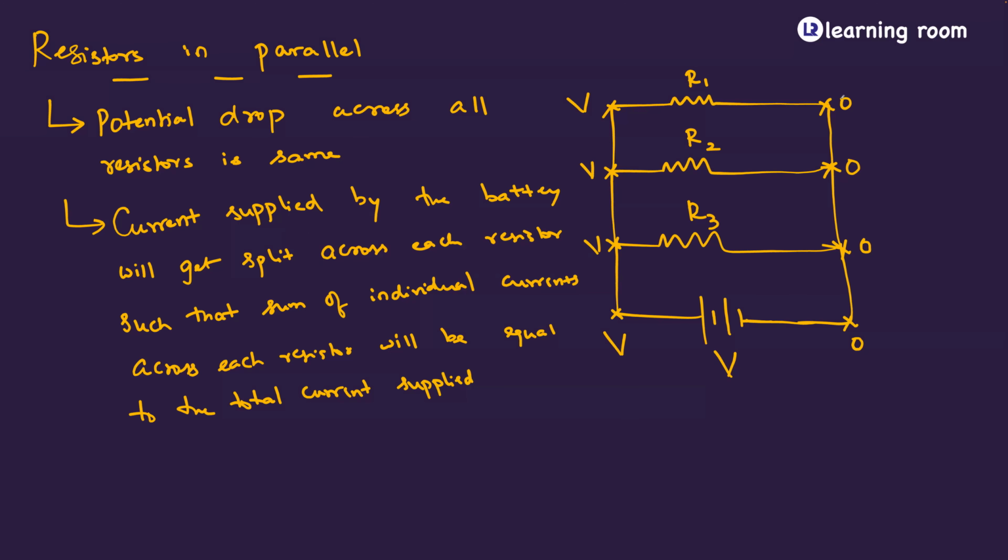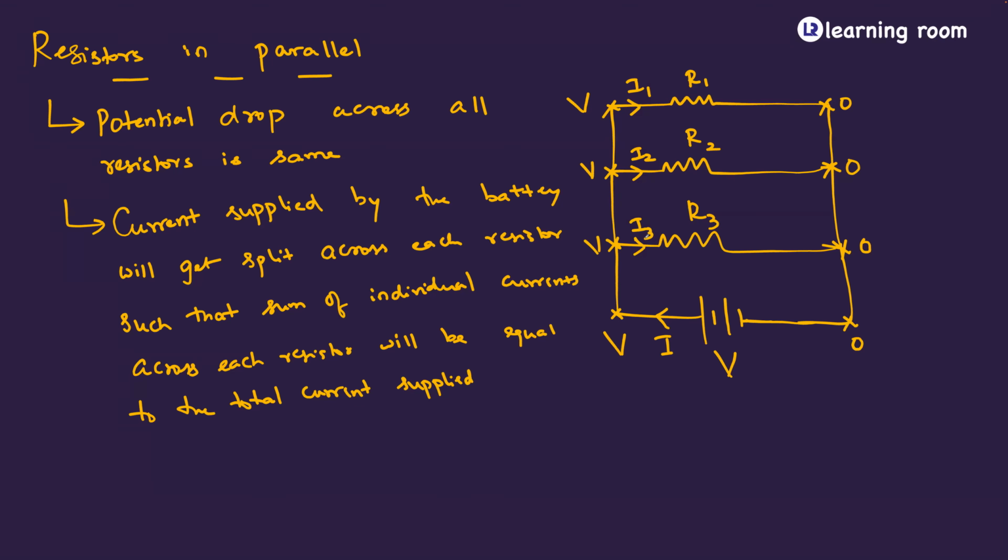Now the second thing is, if I say that the current supplied by the battery is I, then this I will get split across each resistor. Let us say it is getting split as I1 here, I2 and I3.